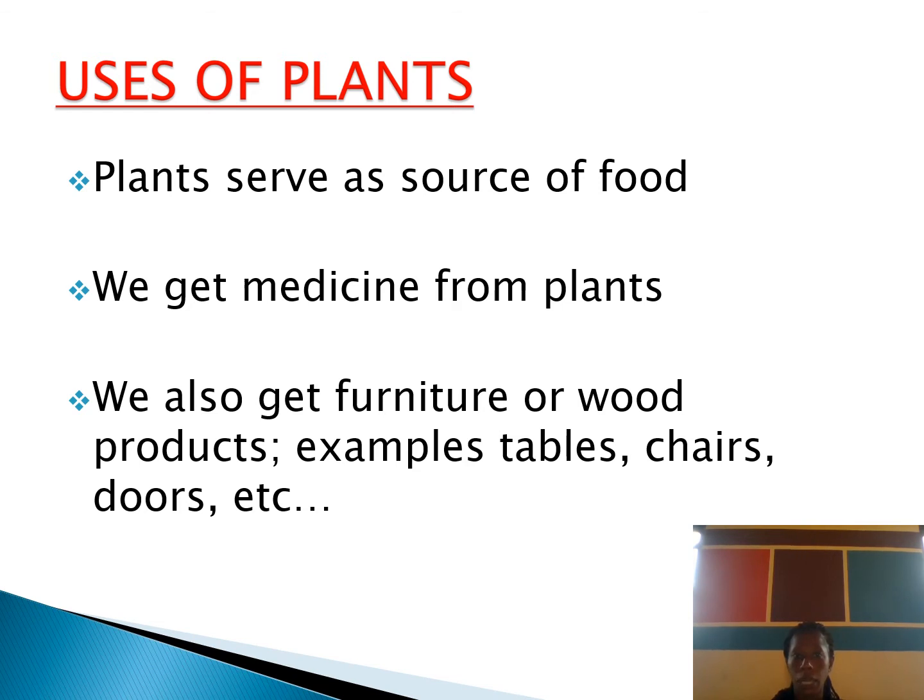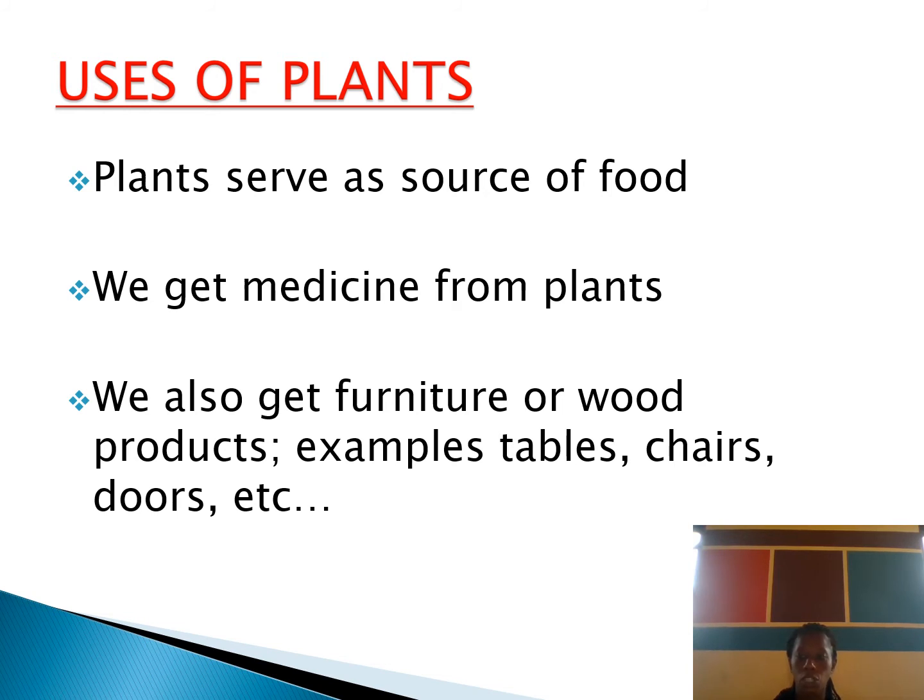Some plants serve as source of food for us. Two, we get medicine from plants. Three, we also get furniture or wood products from plants. Examples, we can get tables, chairs, and doors from plants.